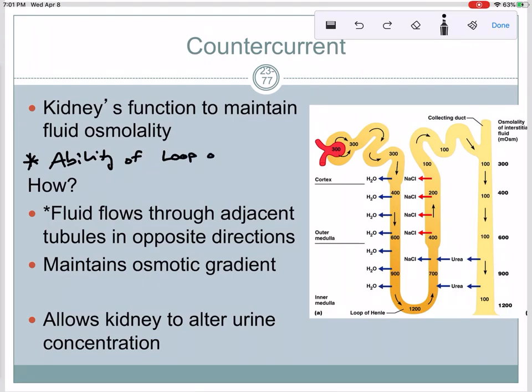That's where it happens mostly, or you could say nephron loop. Ability of the loop of Henle to reabsorb more or less to maintain homeostasis. That's going to be our simplified definition.